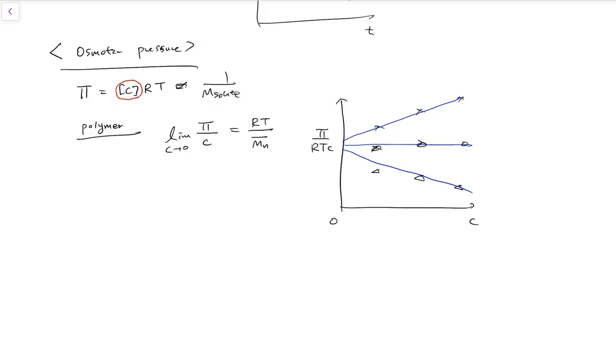So by fitting this line, we can determine this y-intercept, which gives us the number average molecular weight. This graph is for a good solvent, theta solvent, or bad solvent. Anyhow, they give us a linear line for the determination of the molecular weight.